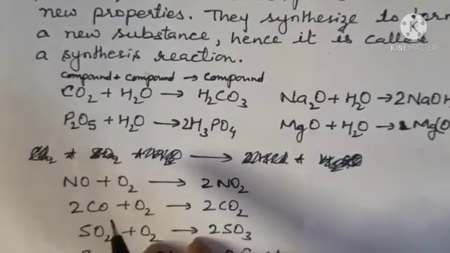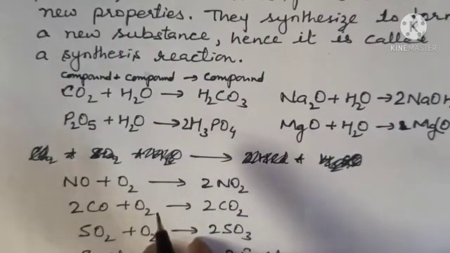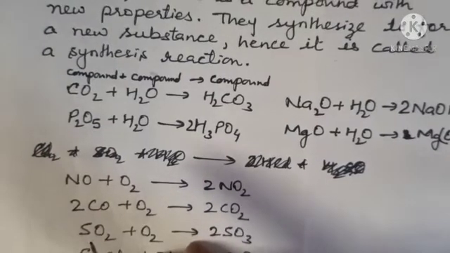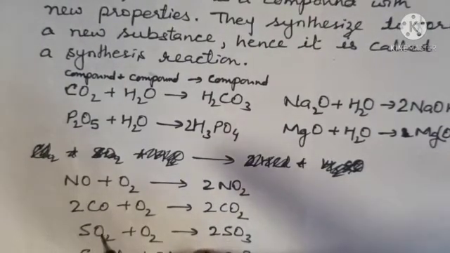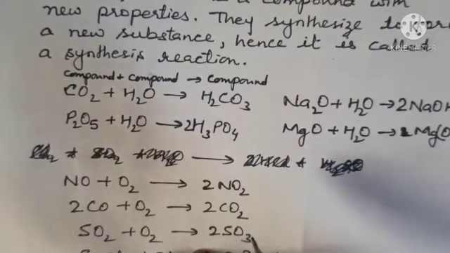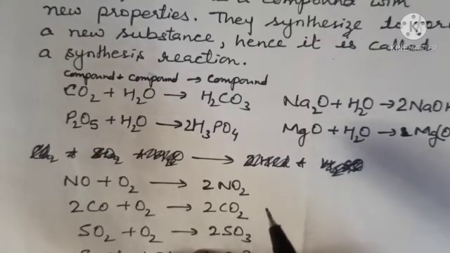In the same way, carbon monoxide, which is a compound, reacts with the element oxygen and gives carbon dioxide. Next is sulfur dioxide, a compound, which reacts with the element oxygen and gives another new compound, sulfur trioxide. So these are all examples of direct combination reactions or synthesis reactions.